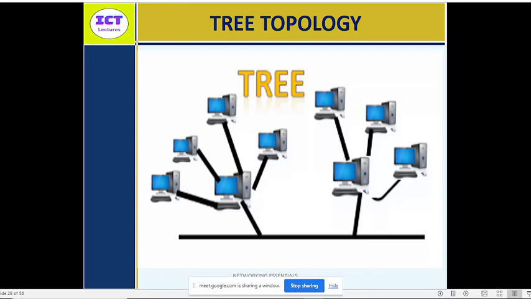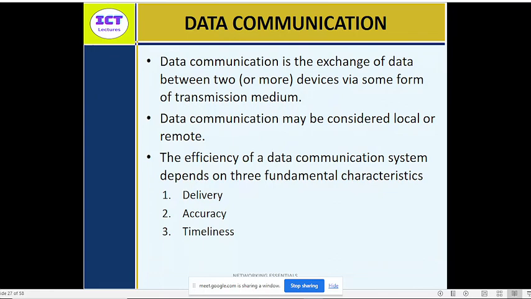You have to bring on board the advantages of star topology and bus topology, and also the disadvantages of bus and star topology, to understand the pros and cons of a tree topology. Those are some of the topologies that you need to understand, because topologies are very, very important in a network. It's how you can implement the structure of a network. Otherwise, if you don't understand the topologies, even implementing a network could be a problem.